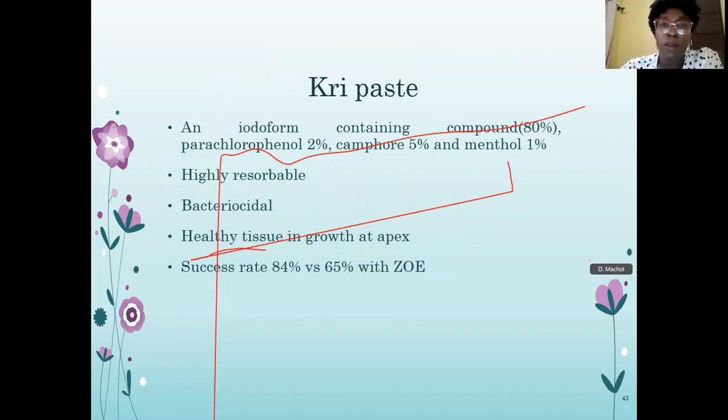So let's talk about the iodoform paste, KRI. It contains parachlorophenol, camphor, and menthol. It's highly resorbable. Advantage, it's bactericidal, promotes healthy tissue growth at the apex, and its success rate is 84% versus 65% with Zoe. So this one comes quite highly recommended.